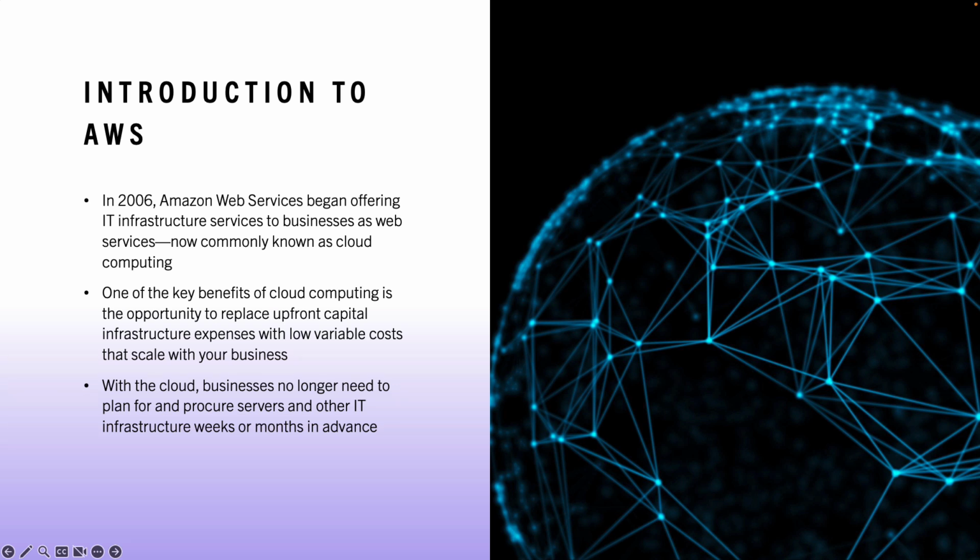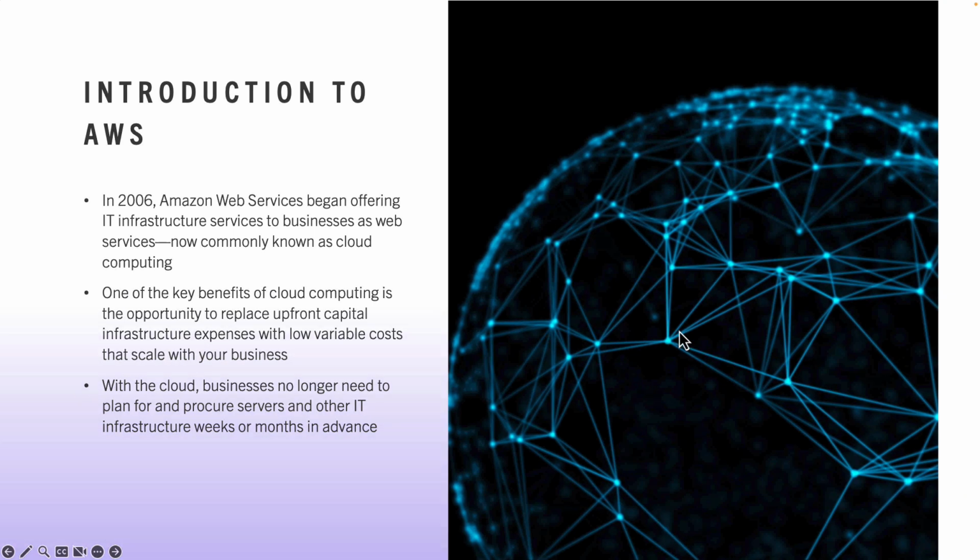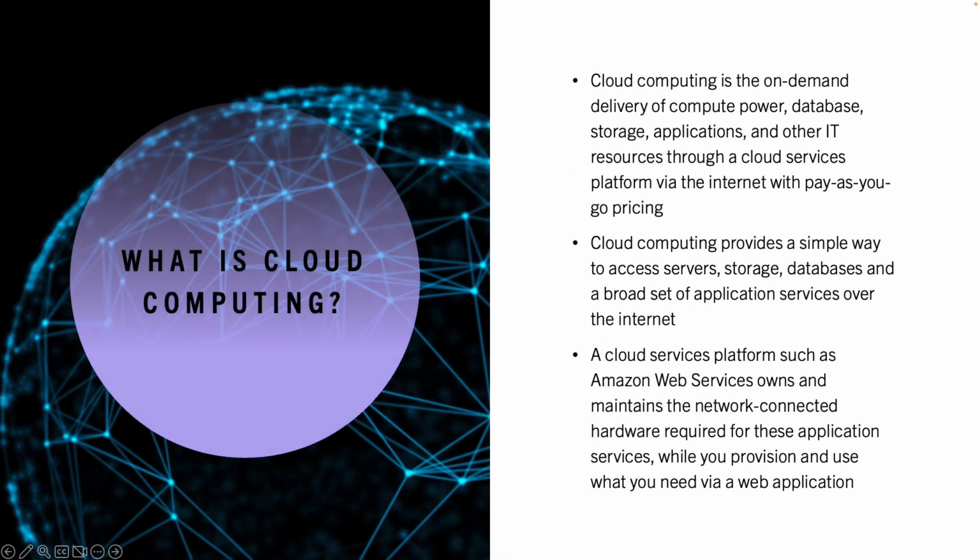As a result, with the help of the cloud, businesses no longer need to plan for or procure servers and other IT infrastructure, and they don't have to wait for weeks or months. They just go ahead and access it on the go within a matter of a few seconds. So that's the benefit of AWS, Amazon Web Services.